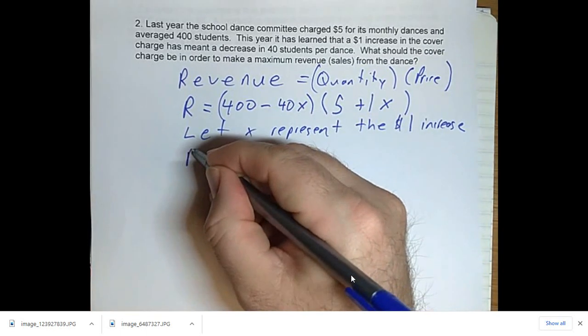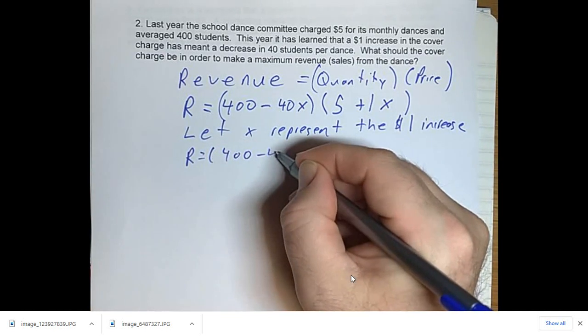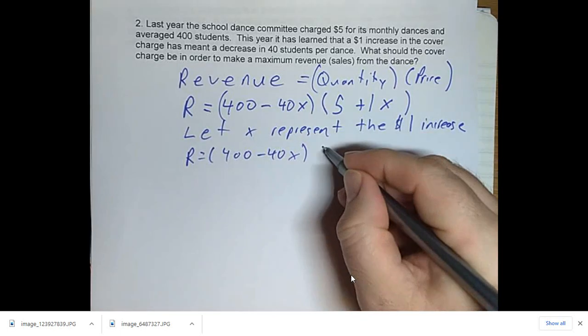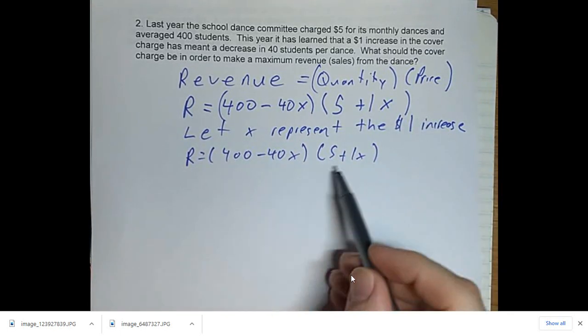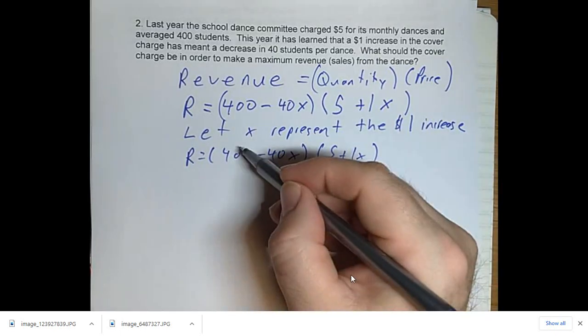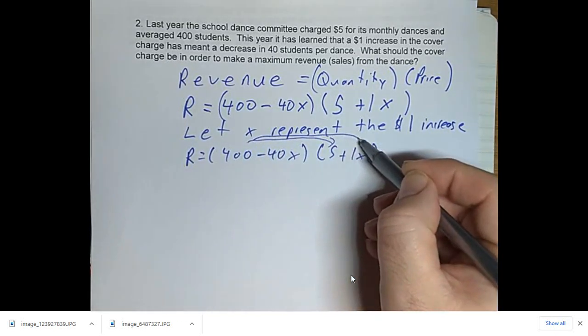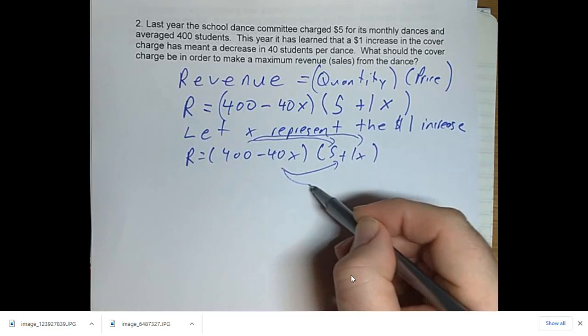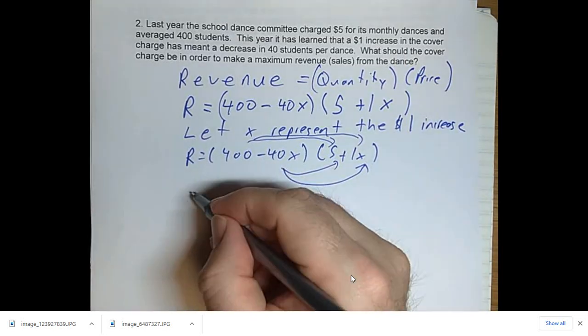And we're going to use the equation to figure out what our maximum revenue is. So we want to find the maximum here. So what we're going to do is multiply all this in. We're going to go 400 times 5, 400 times 1, then 40x times 5, and 40x times 1 to maximize the revenue.